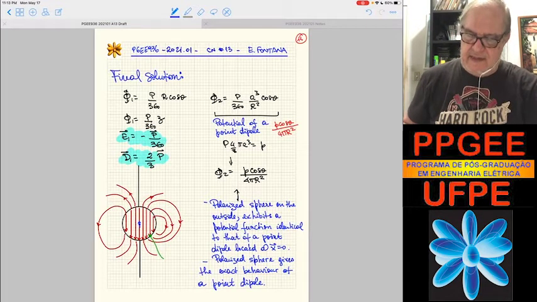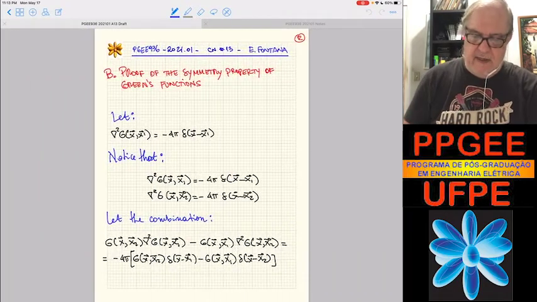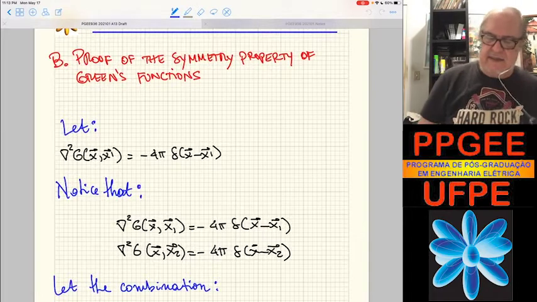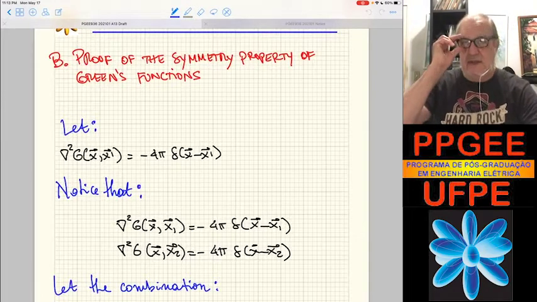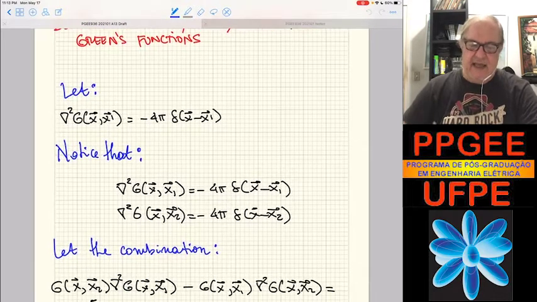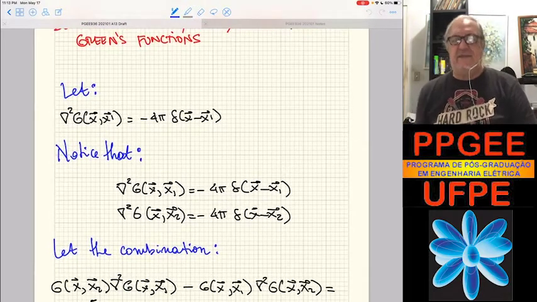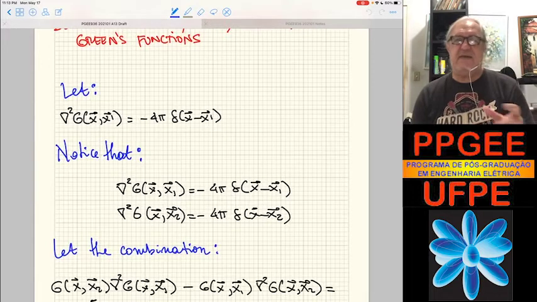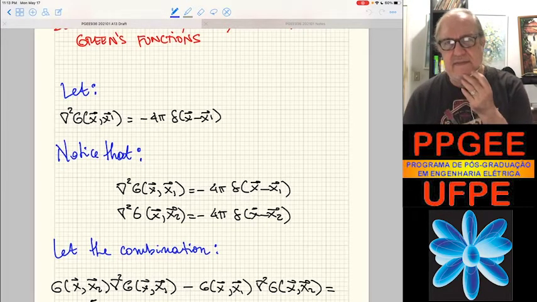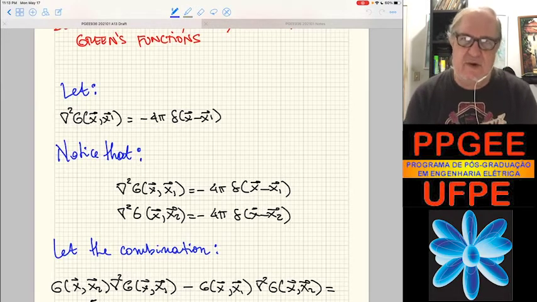Very well. Let's go on. Well, let's take a look at that thing that we keep talking about. The Green's function is symmetric. Let's see in what conditions this is true. This is not always true, but in most of the problems it is true. This is important to simplify the solution of certain problems, but we don't have to use that property to solve them.